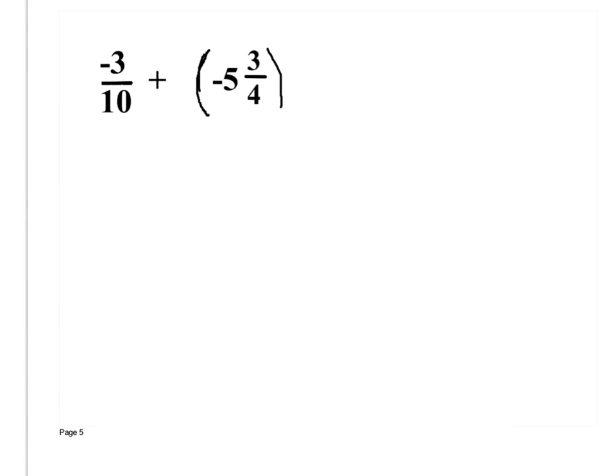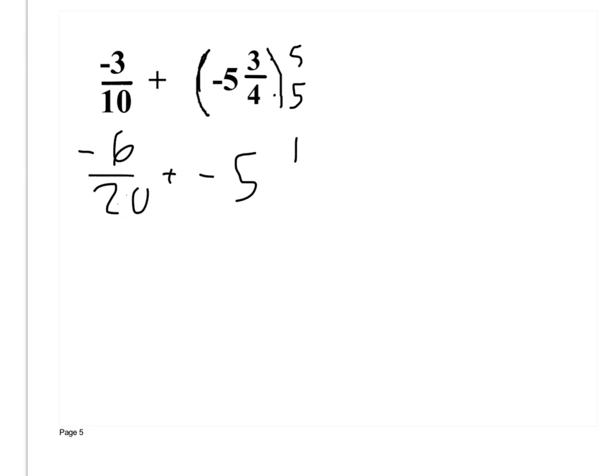All right. So what I do is I go ahead and change my denominators to the least common denominator, which we agreed was 20. So this is negative 6. I keep negative 5 out here, and I change 4 to 20, multiplying it by 5.